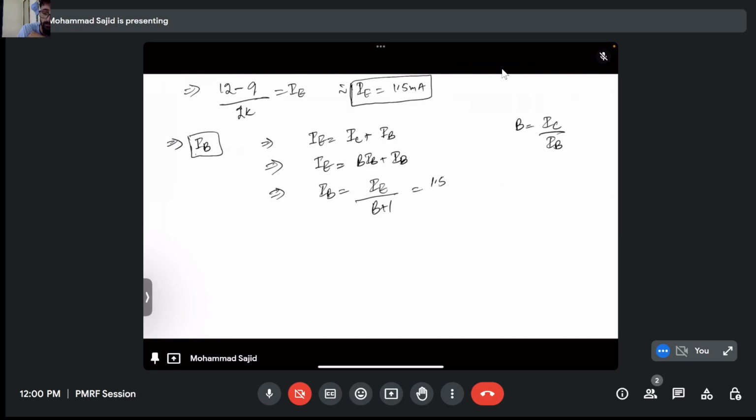That is 1.5 into 10 to the power minus 3 divided by beta, given to us as 200, so this is 201.